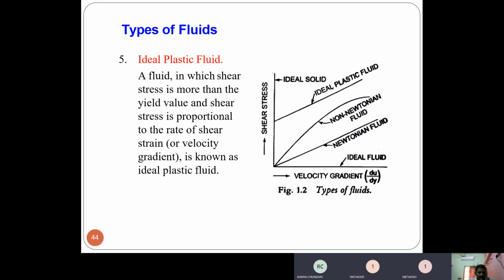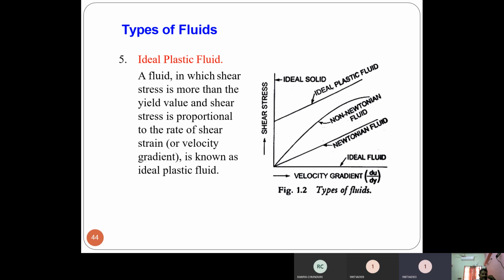Okay. Here we are seeing an ideal fluid, ideal plastic fluid. If you see, types of fluids are represented along their shear strain and shear stress.